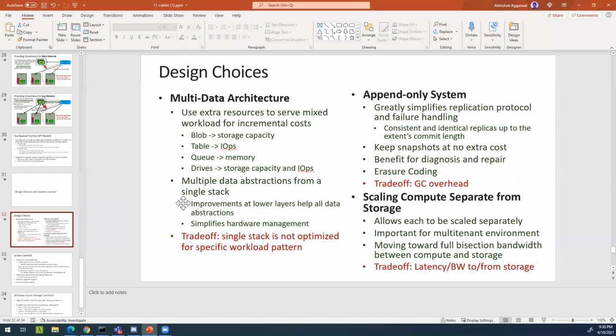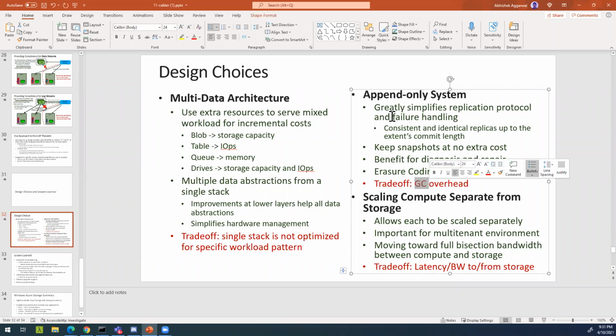What is GC overhead? GC is garbage collector overhead, because this is an append-only system. I'm just answering this question and then I'll leave. Okay, sorry, I was not clear, are you able to hear me or not? Okay. So garbage collection is useful because some of the streams are no longer useful, and no data is pointing to them.